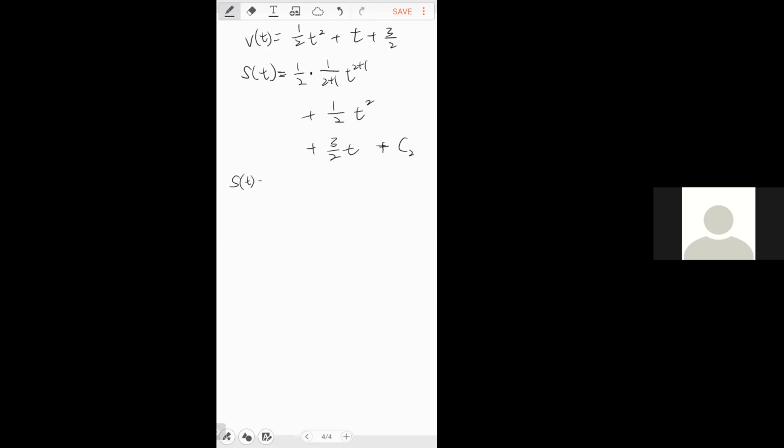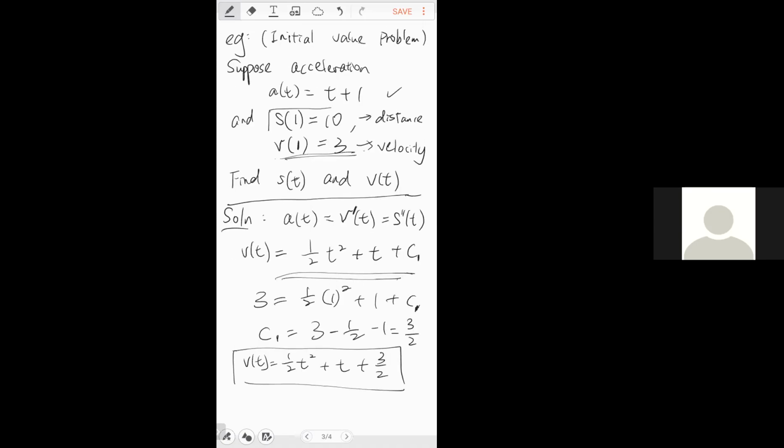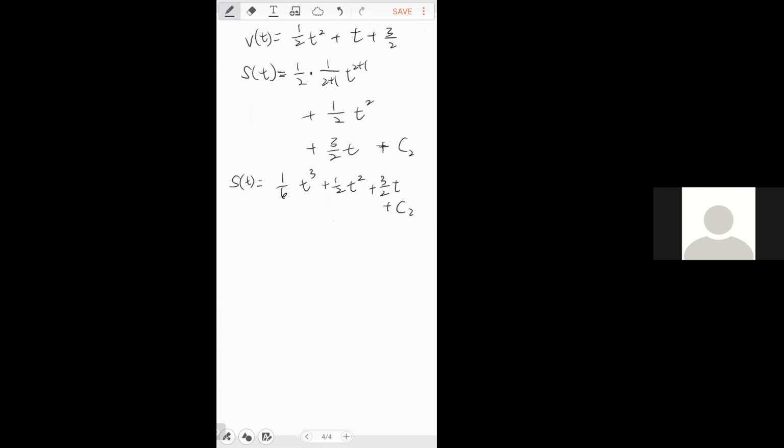Let's simplify a bit. So s of t is, 2 plus 1 is 3, so this is 1 over 6 t cubed plus 1/2 t squared plus 3/2 t plus C2. And then the question says that when t equals 1, the distance function is 10. So you plug t equals 1 into the function.